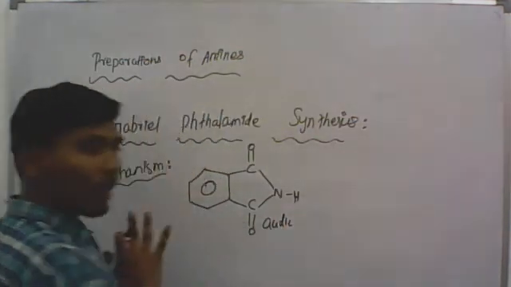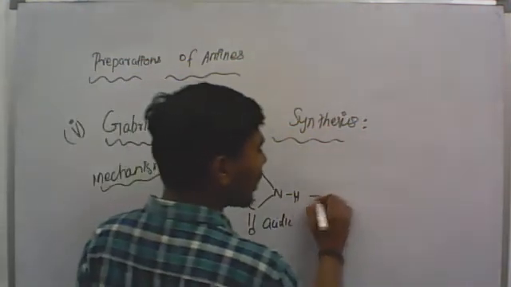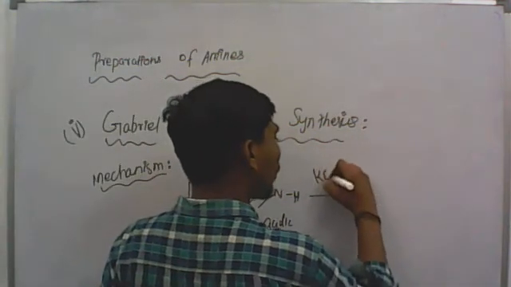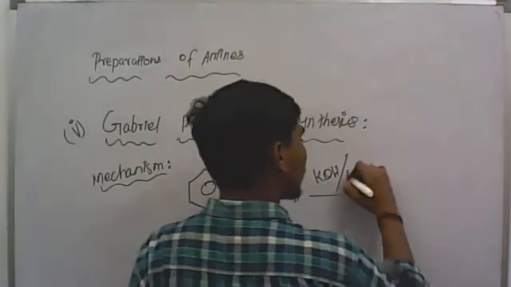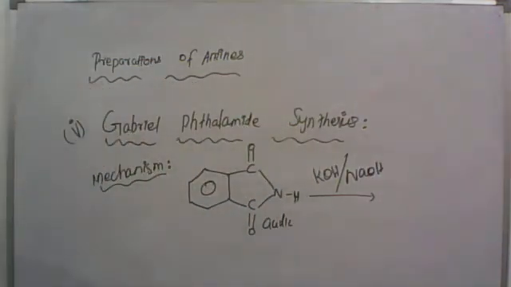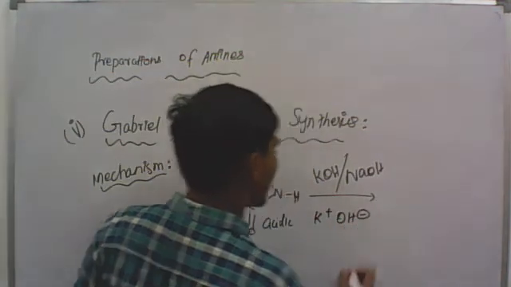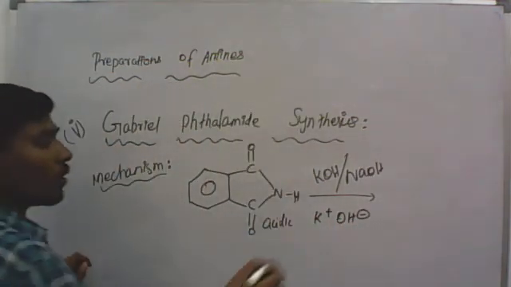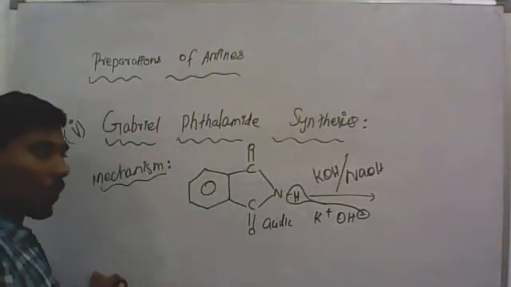So in the group, what are we going to do? We are going to activate the compound by adding potassium hydroxide or sodium hydroxide. The reaction with potassium hydroxide: it dissociates into K plus and OH minus. Now the OH minus abstracts the proton from here and converts into a water molecule.